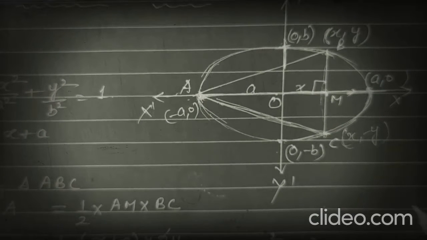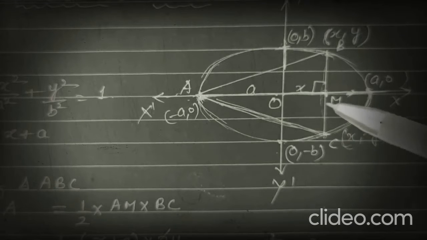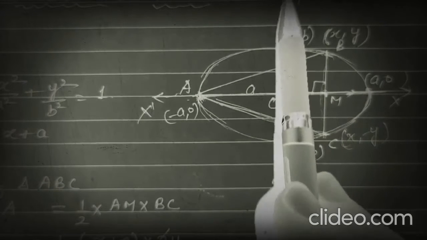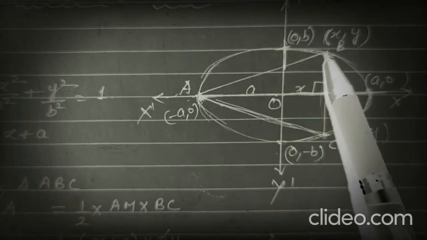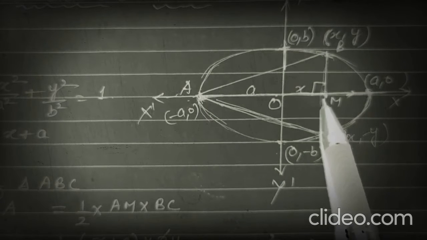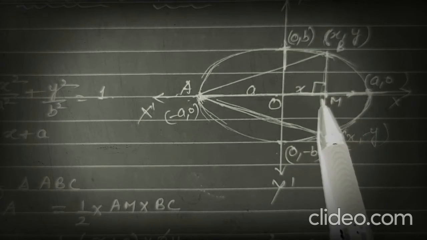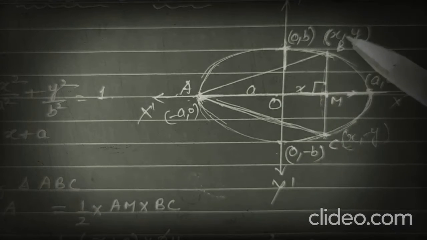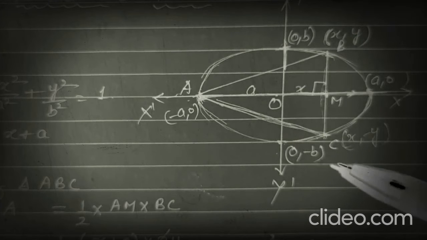Is it clear? Now we know that this is vertical, this is the base, and look at this. This is the x-axis, this is the y-axis. So if (x, y) is the point, then this distance is x and this distance is y. So what is the area of the isosceles triangle? If three vertices are given, we can find it by using Heron's formula.